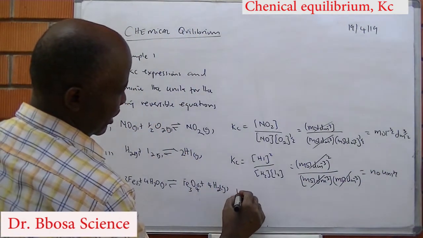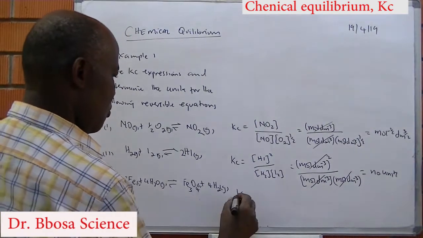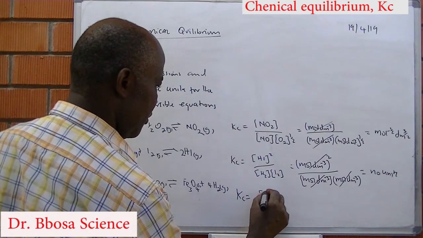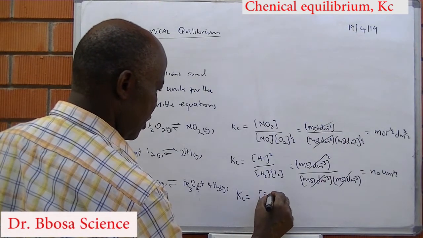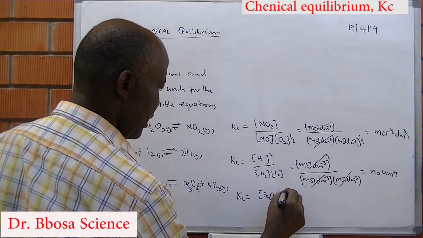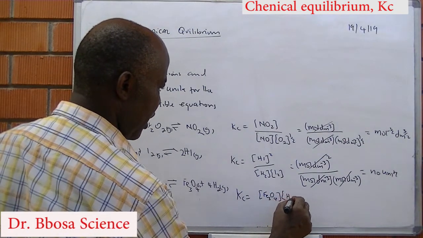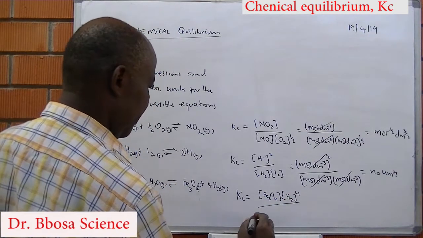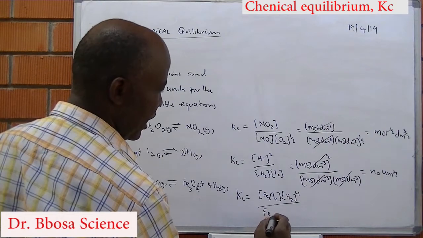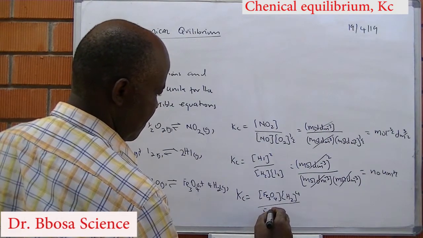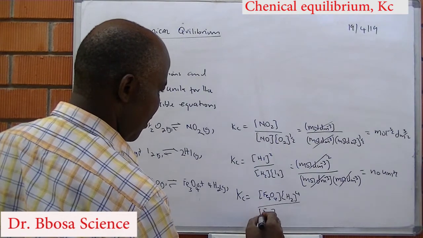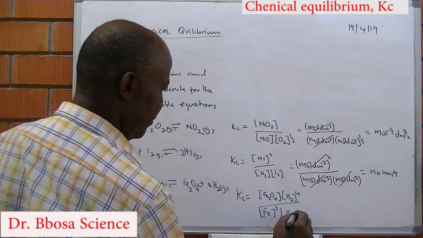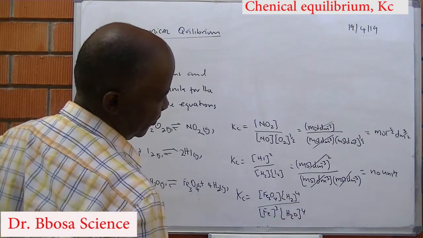Here Kc will be equal to the concentration of iron by iron tetroxide into the concentration of hydrogen to power 4 over the concentration of iron to power 3 times the concentration of steam to power 4.